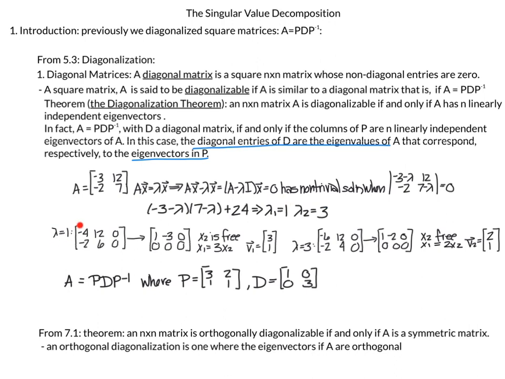To find the eigenvector associated with lambda equals 1, we put 1 into our A minus lambda I, and we get the matrix -4, -2 and 12, 0, and we're solving the homogeneous equation, so we have the 0, 0 here, and we find that our v1 vector is 3, 1. Similarly, for lambda 3, we find our v2 vector is 2, 1. So that means A equals P D P inverse, where P is equal to the eigenvectors 3, 1 and 2, 1, and D is equal to the diagonal matrix with the eigenvalues on the diagonal 1, 0, 0, 3.